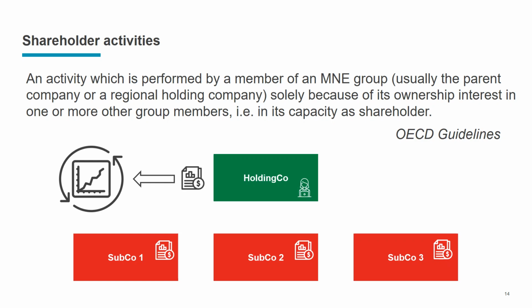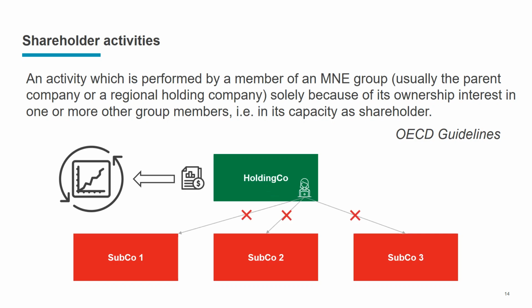And this is why the holding company needs to consolidate the financial statements of subsidiaries. So it will receive financial information from subsidiary companies, analyze it, do the necessary work, and prepare the consolidated financial statement.